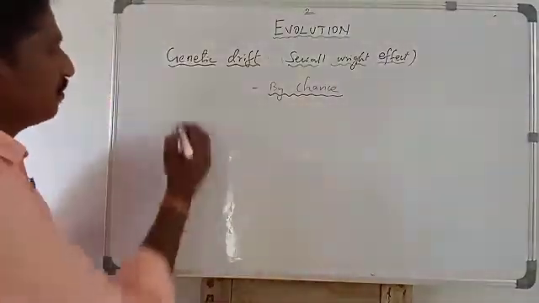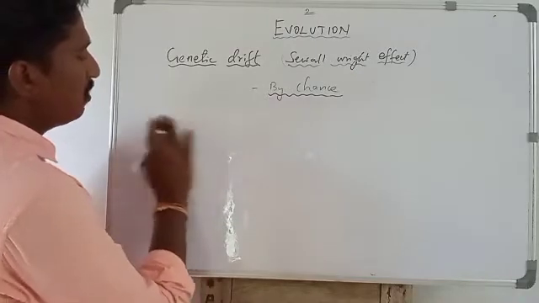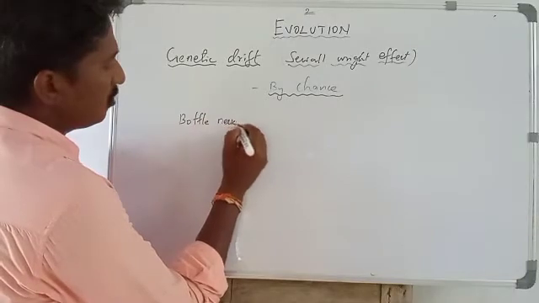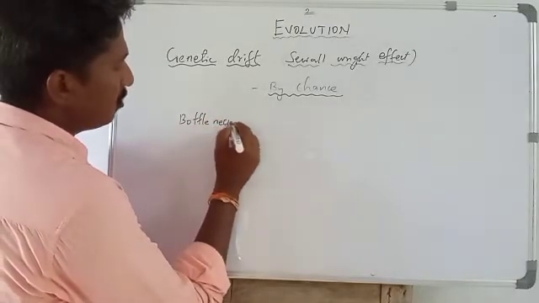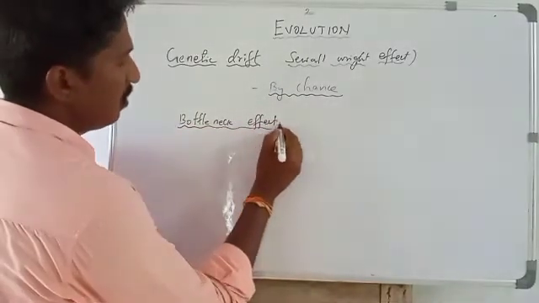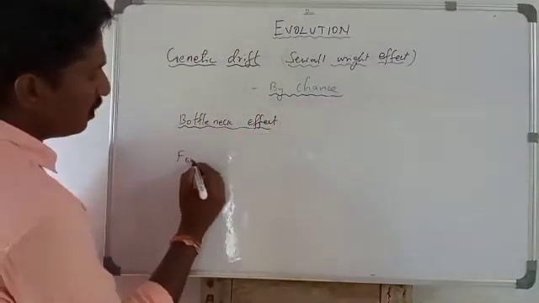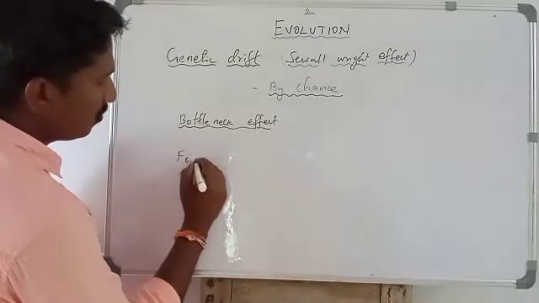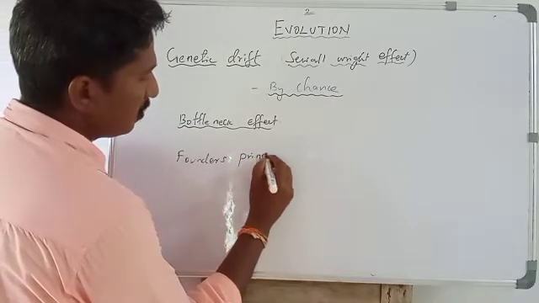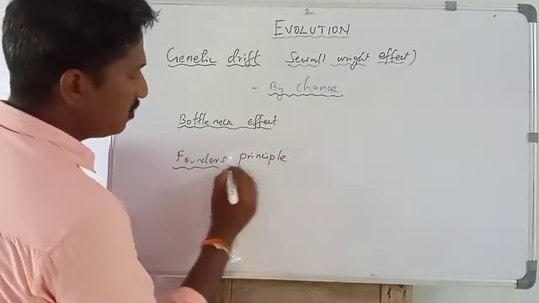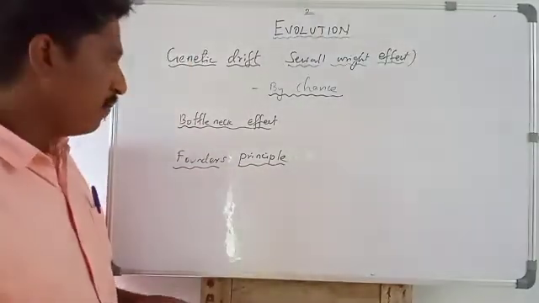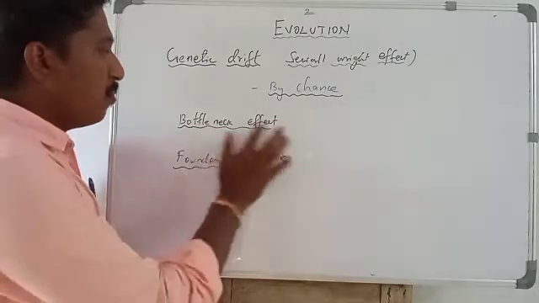One is the bottleneck effect, and the second one is the founder principle. So these two things are important in genetic drift. The first one is the bottleneck effect.